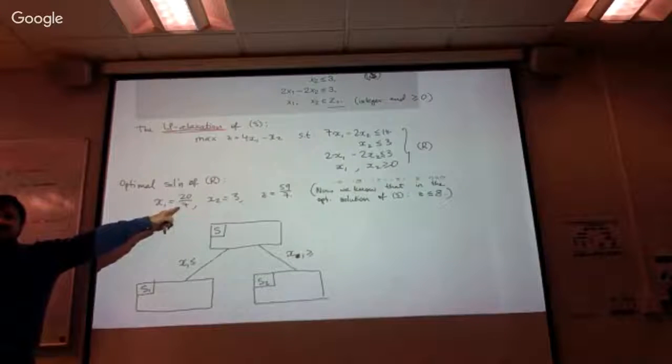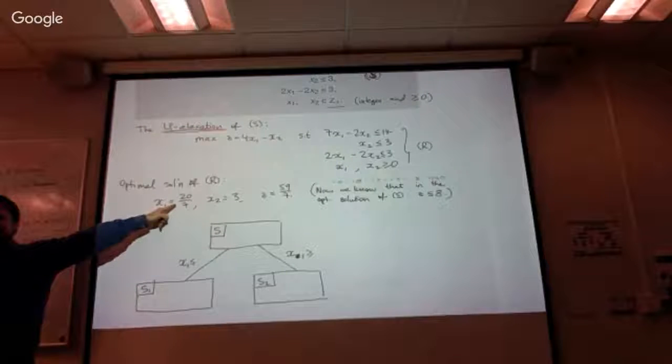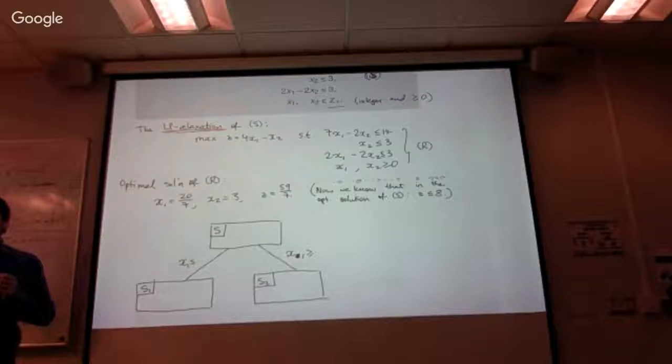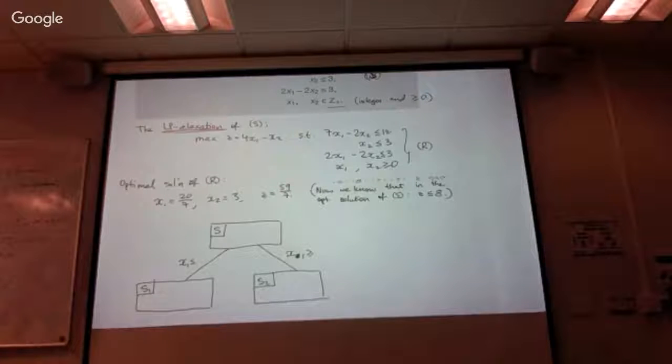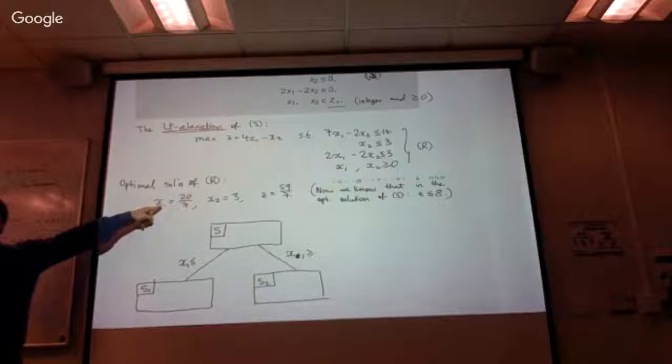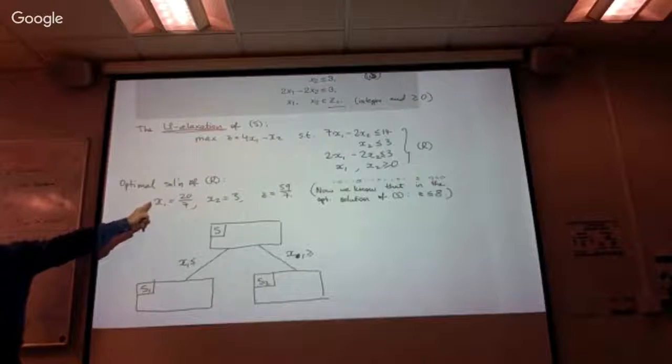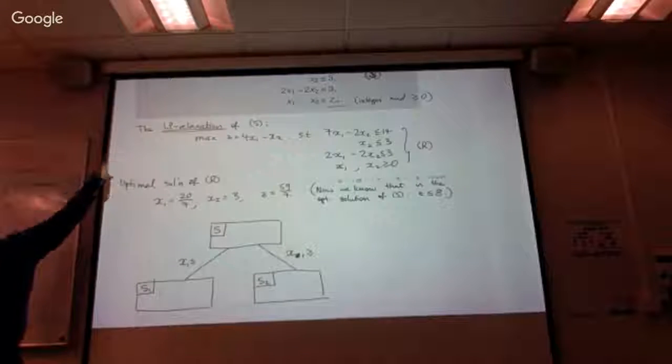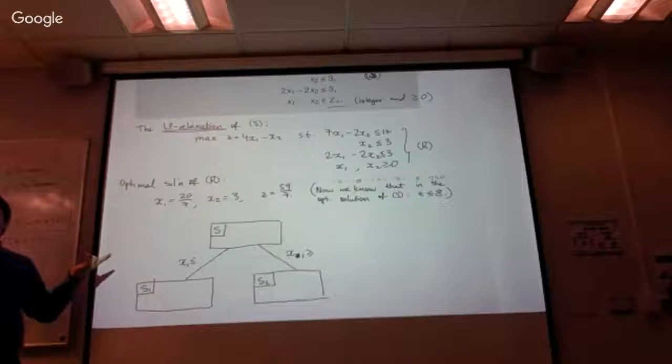How much is this number? Something between 2 and 3? Yeah. So here it's between 2 and 3, but x1 can't be between 2 and 3, can it? In that problem, because x1 has to be an integer.